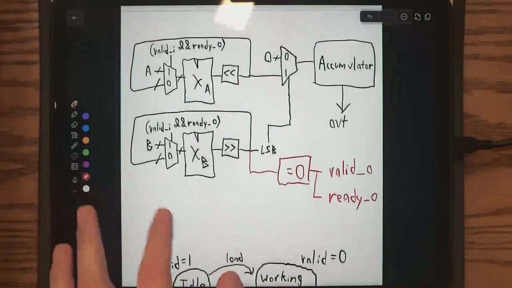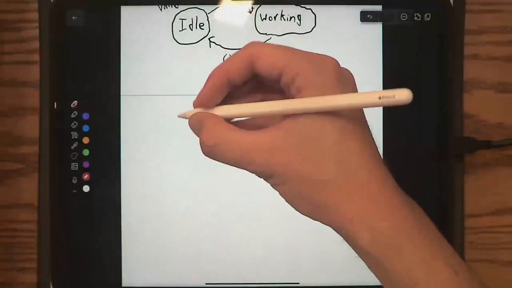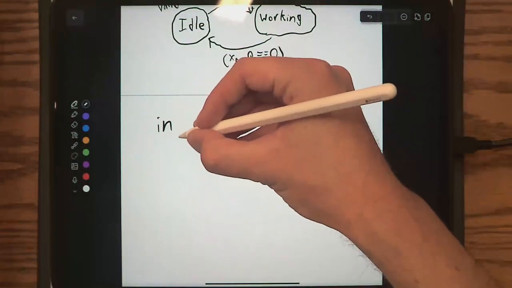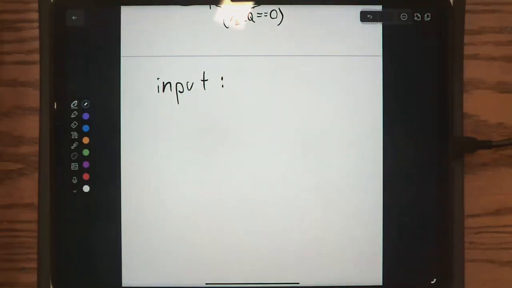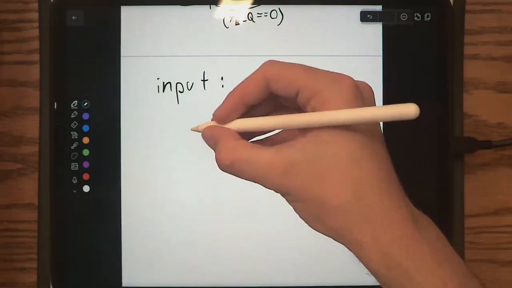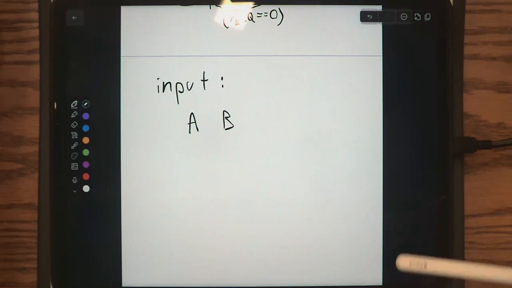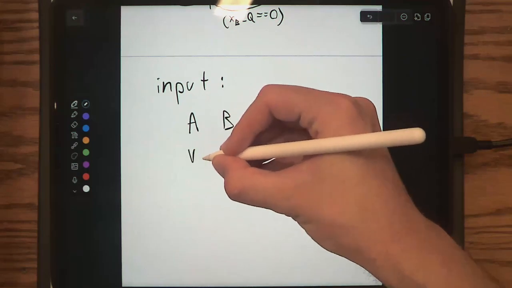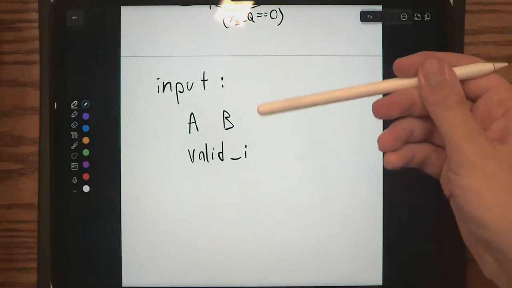Okay, good. So let's take inventory of everything. On our input port, when we're taking in the values A and B, what was the ready valid interface? What was the input and what was the output? Yeah, so we will have valid input, and the valid input specifies whether A and B are valid.